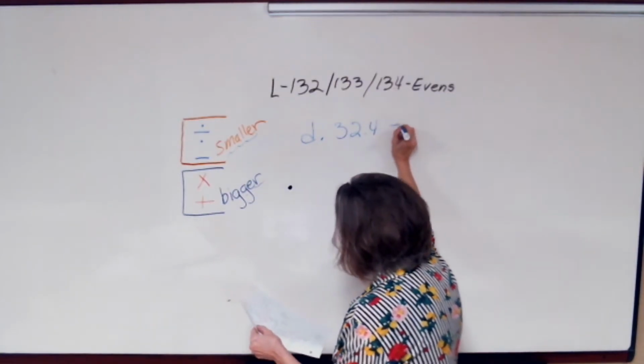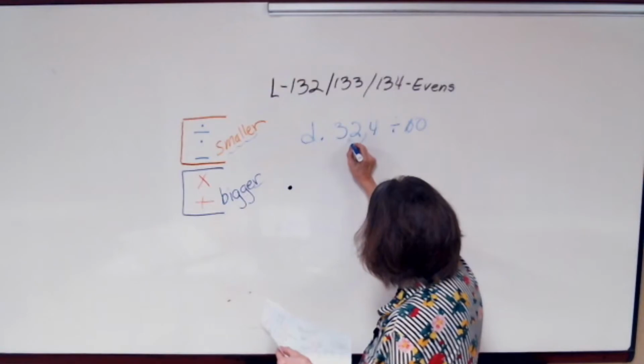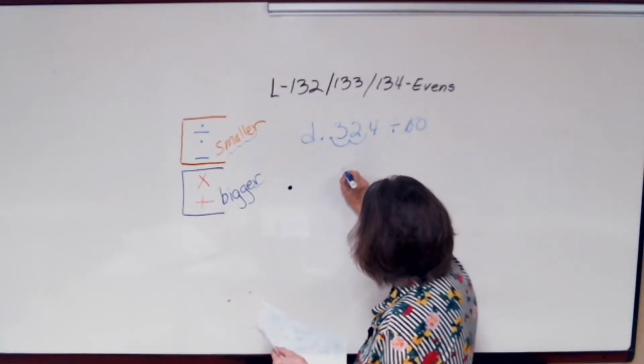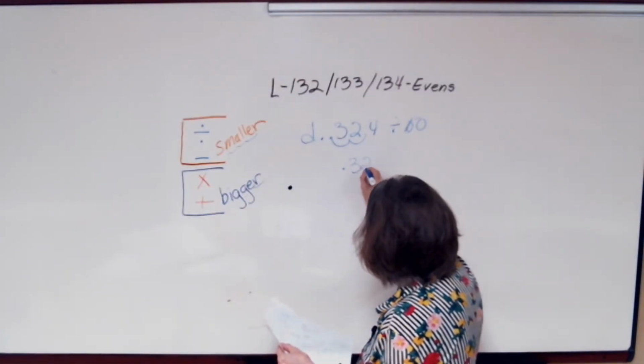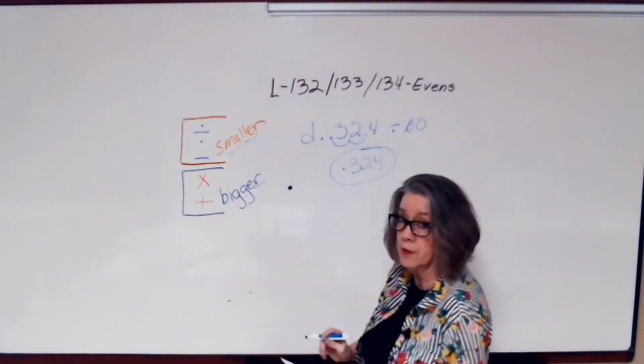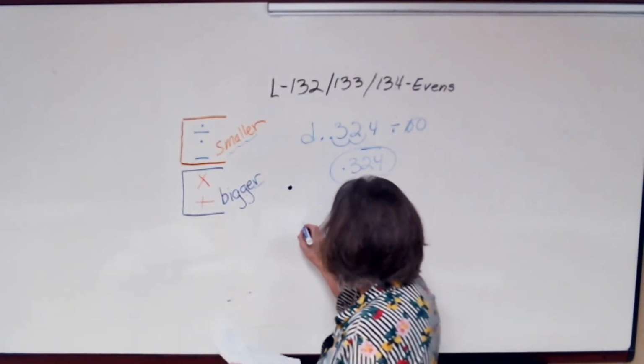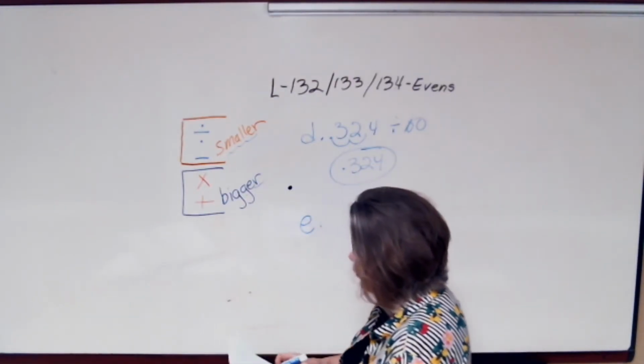32.4 divided by 100. You're going to move this over 2 spots. So down here below, I want you to write 0.324. That's your answer. That's how I want you to write it, so I can clearly see where you move the decimal. Let's do this one. I'm going to do E with you.